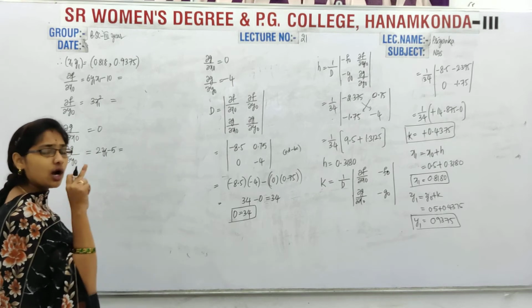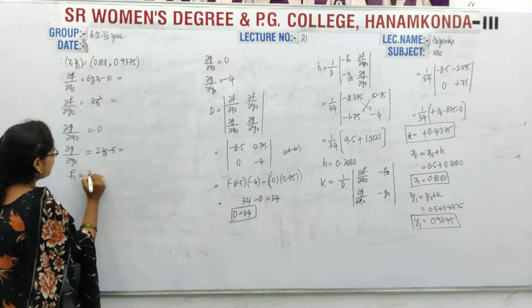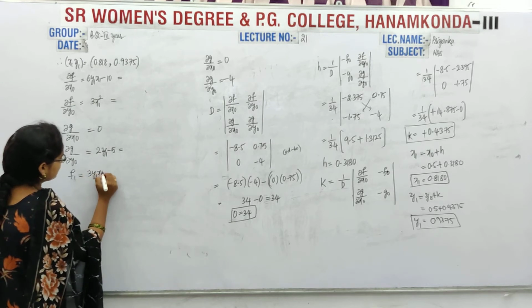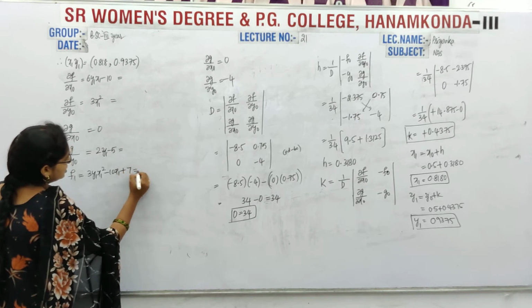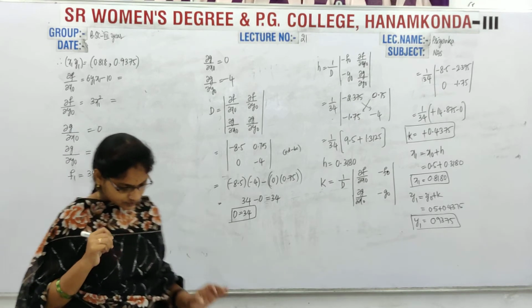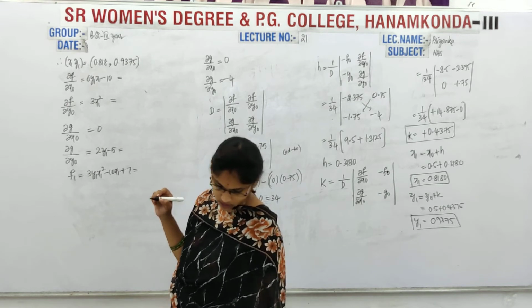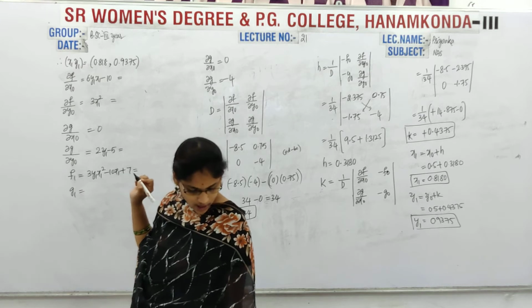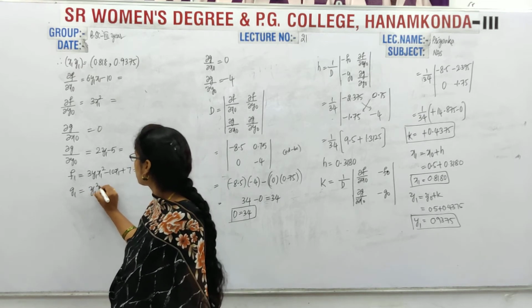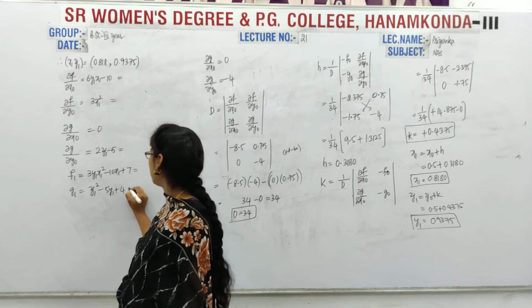Now f1 is equal to, what is the formula? 3y1 x1 square minus 10x1 plus 7. That's just the function value. Next, g1 is equal to y1 square minus 5y1 plus 4.